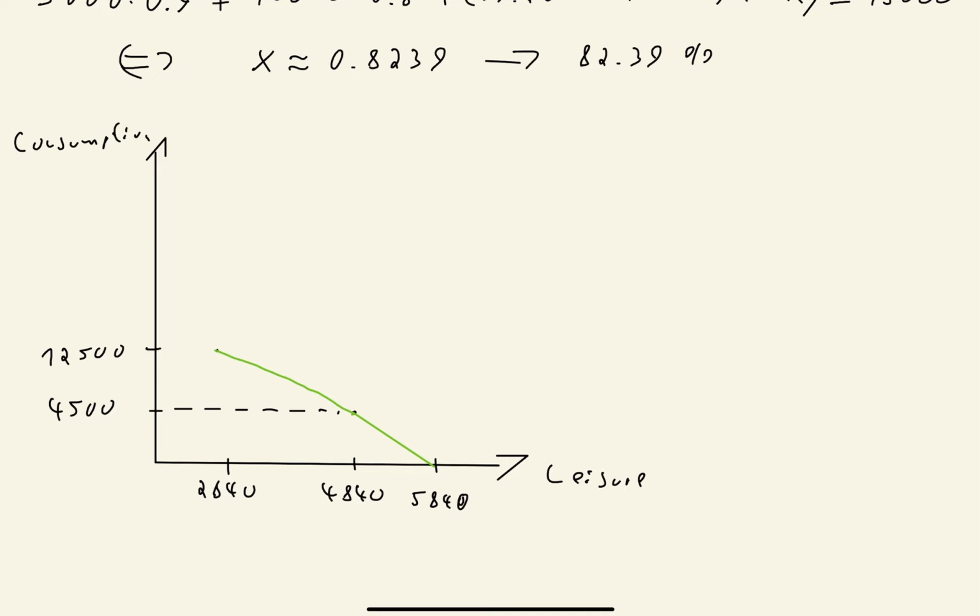And then if we fully work, we calculated before that with this tax rate of 82.39% on any gross income above 15,000, we can consume 15,000. So this would be somewhere here. And if we then connect the last part, it should be even flatter. So basically what we have is a budget constraint reflecting consumption and leisure.